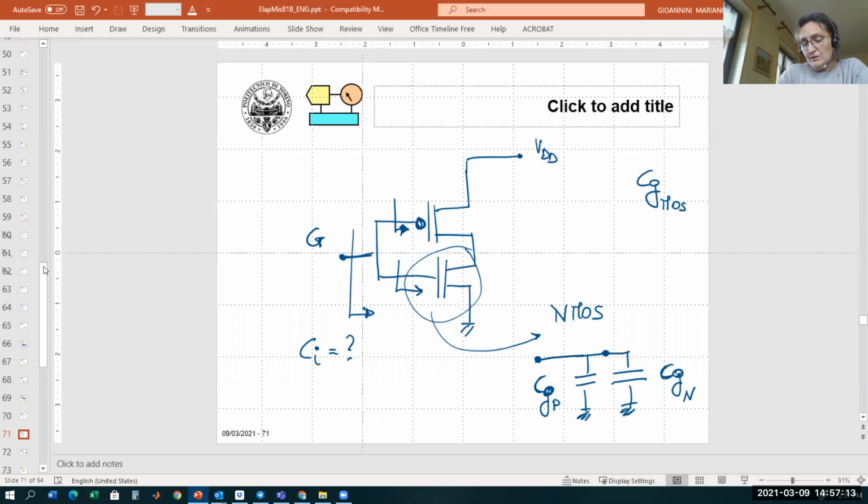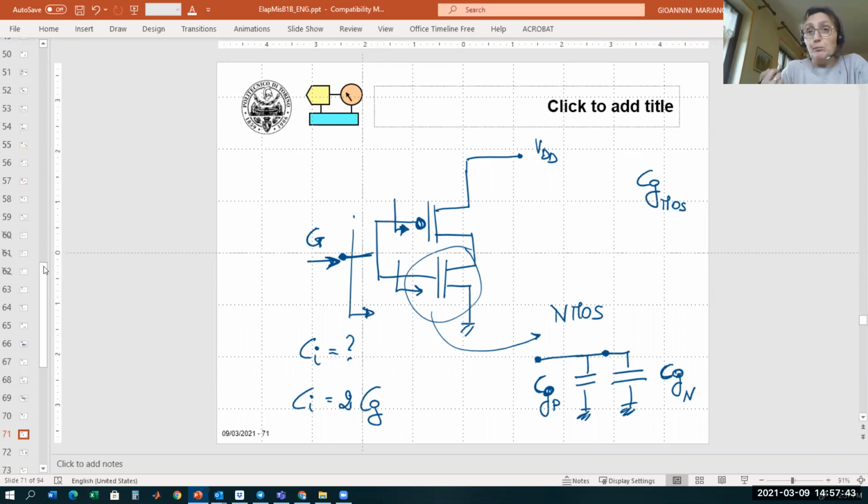So in total, you have the parallel of two capacitors. So in this case, the input capacitance is 2 times Cg, if we assume that the parasitic capacitance of the P is almost equal to the parasitic capacitance of the N.